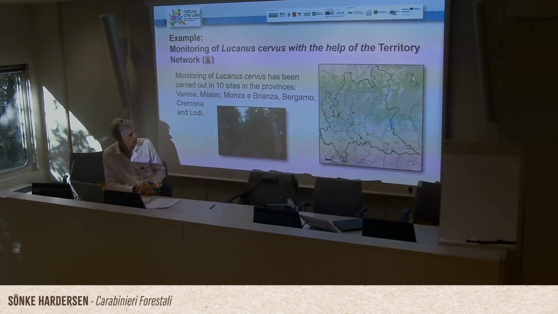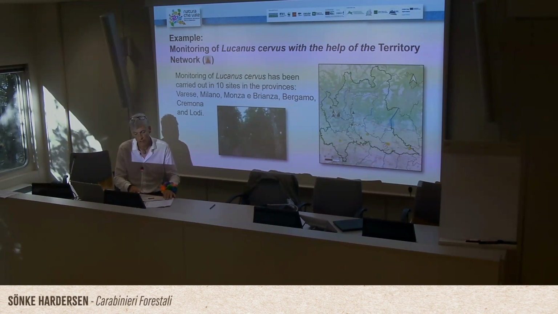So we have monitored Lucanus cervus, the stag beetle, in the Lombardy region.